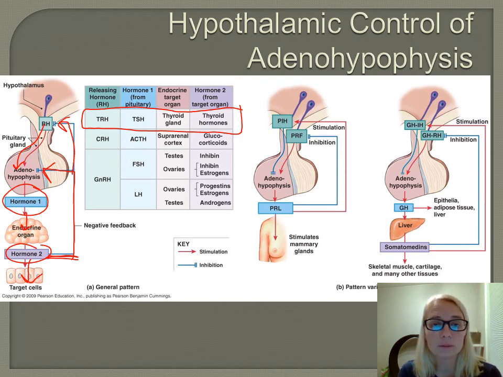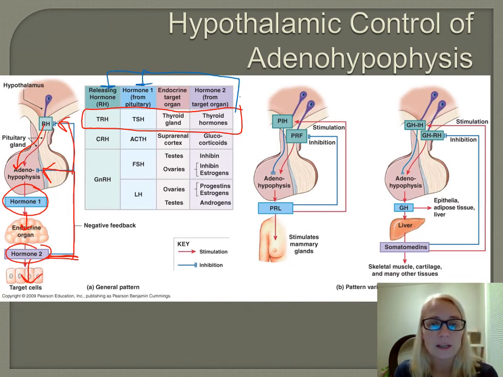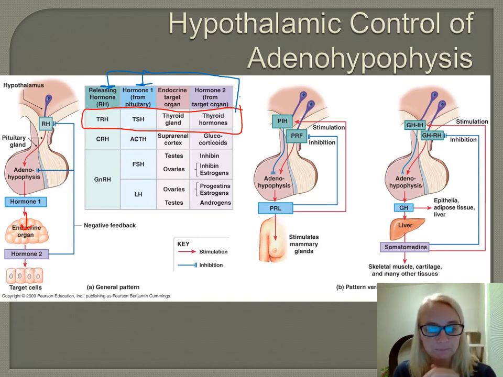That's the blue one at this level. That thyroid stimulating hormone is going to target the thyroid gland to release its hormones, T3 and T4. It is those hormones that will come back and inhibit the pituitary gland and the hypothalamus in that whole scenario that we saw over here.